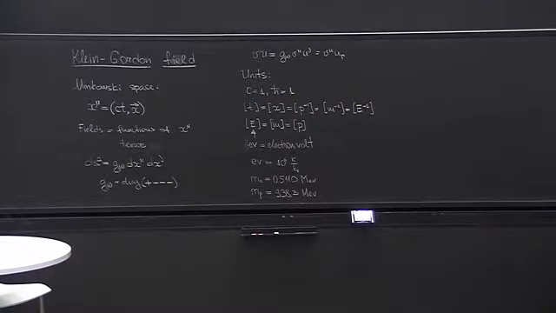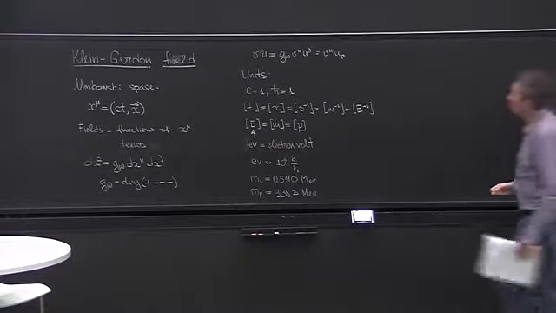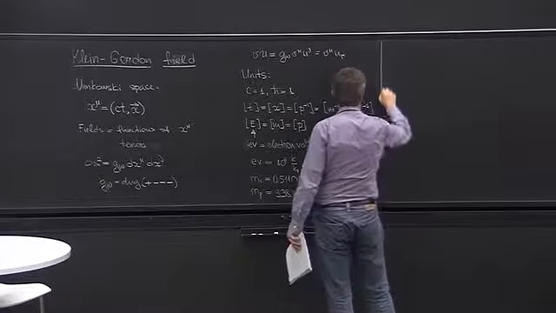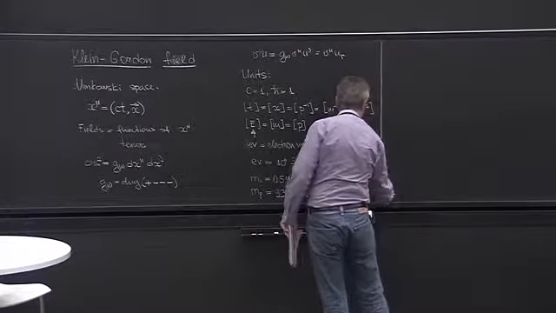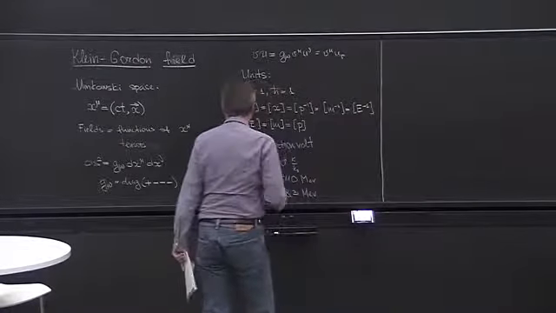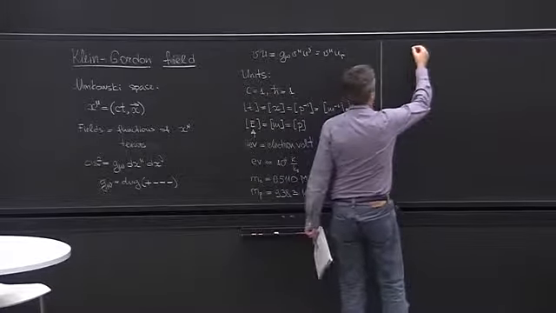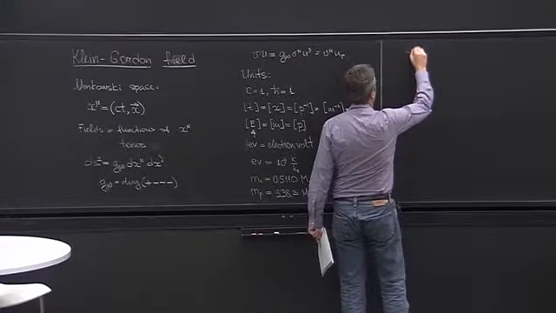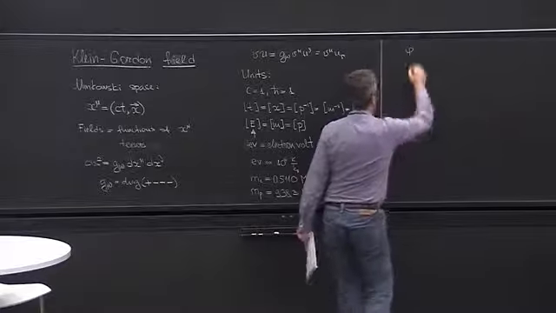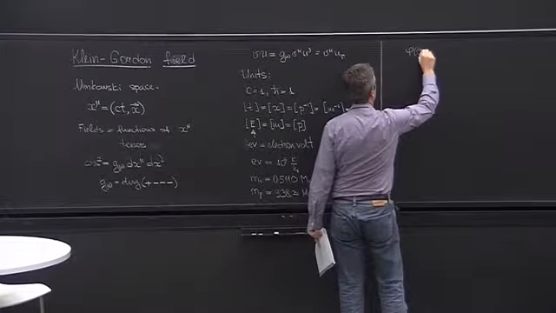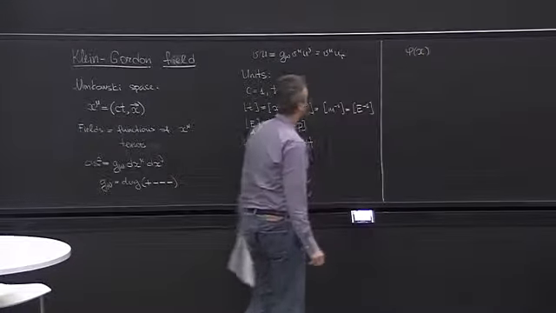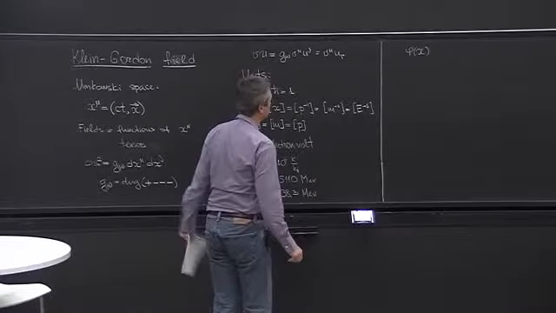Okay, so with these preliminaries, let me now continue to describe the theory of the Klein-Gordon field. So the Klein-Gordon field, what is it? It is a scalar function of coordinates, so of space coordinates and time.